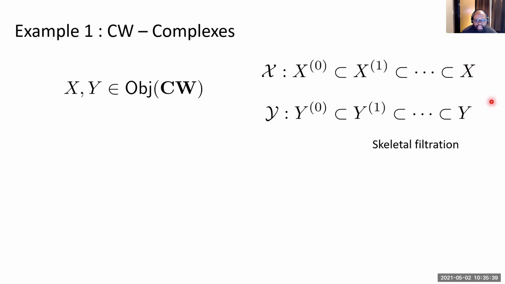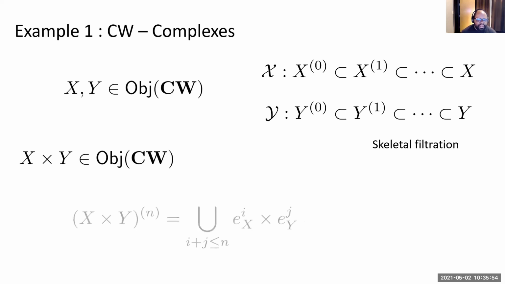If X and Y are, let's say, if one of them is a finite CW complex, then the topological product can also be given the structure of a CW complex, and the n-cells are the products of cells whose dimensions add up to n.